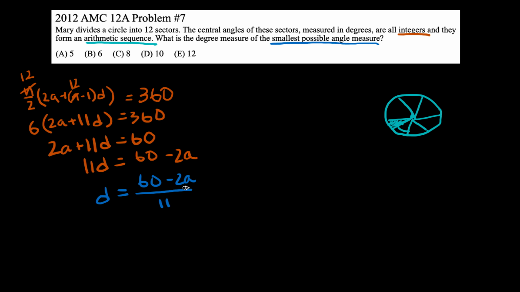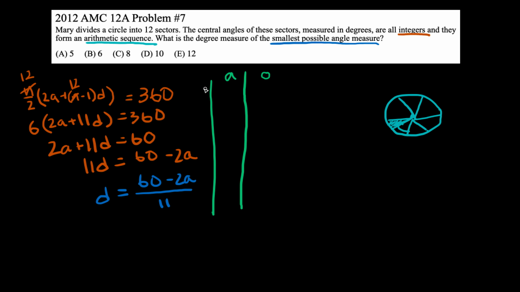Let's substitute 5. So I'm actually going to make some kind of chart for this. This is the A column, and the other column is the output.